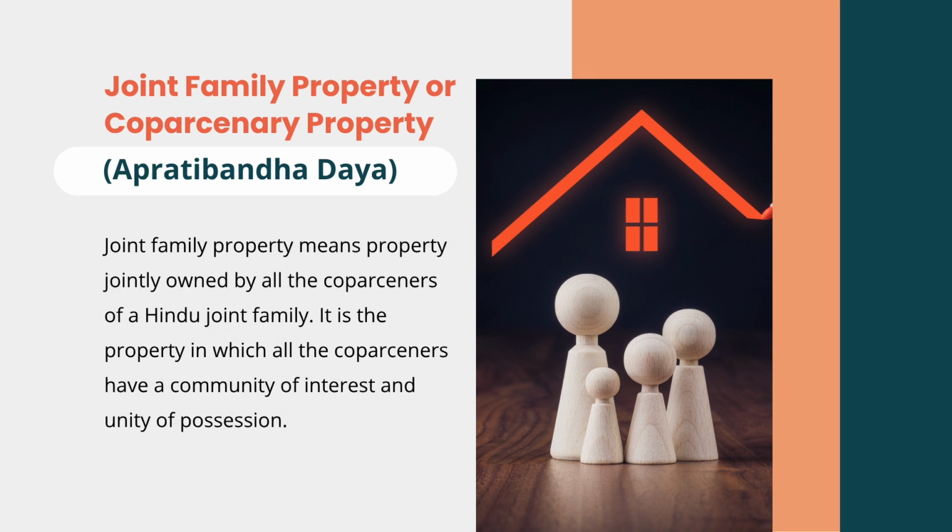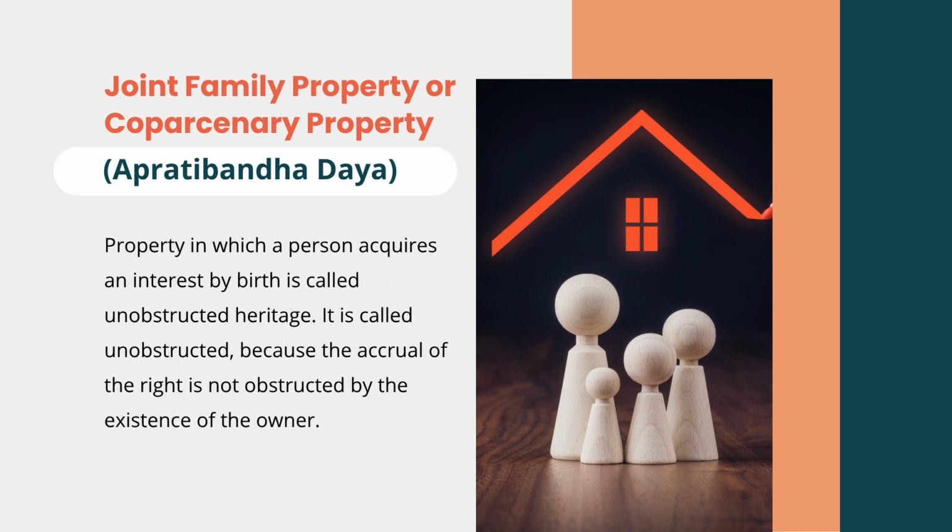Joint family property means property jointly owned by all the copartners of a Hindu joint family. It is the property in which all the copartners have a community of interest and unity of possession. Property in which a person acquires an interest by birth is called unobstructed heritage.